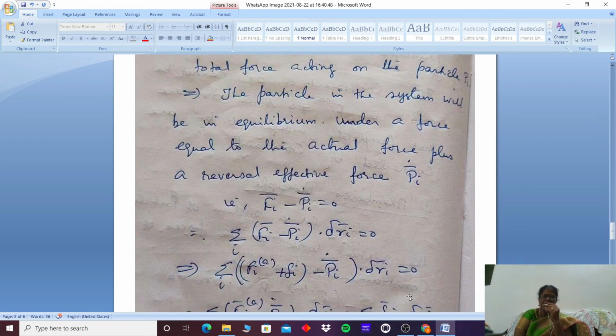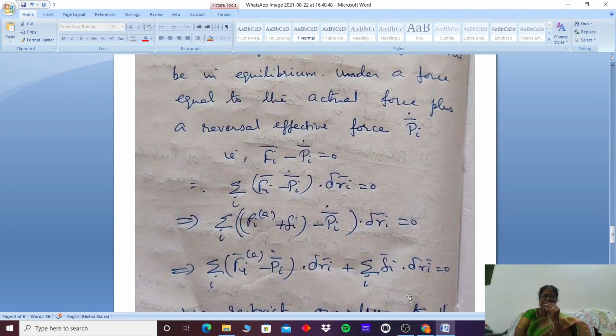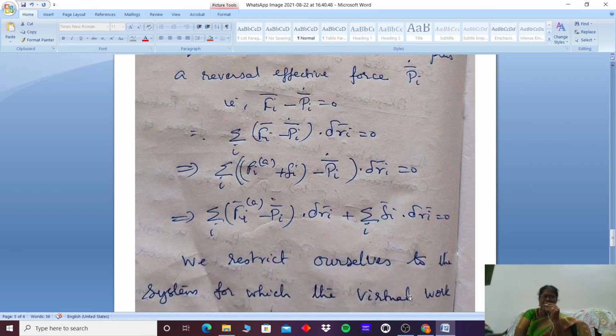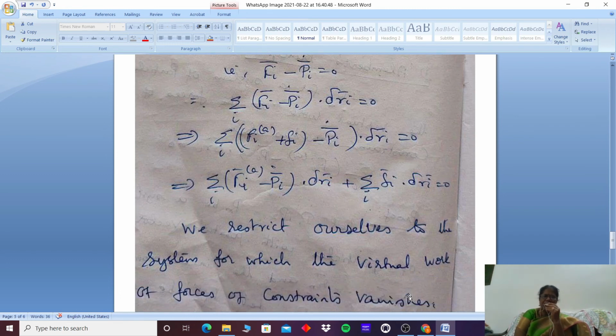So if you find sigma over i Fi minus Pi dot, dot delta Ri equal to 0, we can replace Fi by Fia plus small fi, and that gives you sigma over i Fia minus Pi dot, dot delta Ri. Here we are grouping Pi dot with the Fia, and we are writing sigma over i small fi dot delta Ri as the second term.